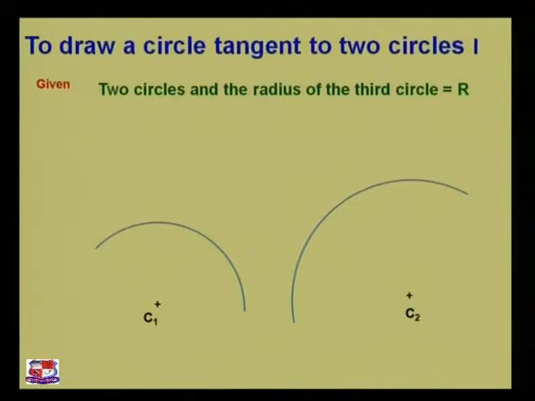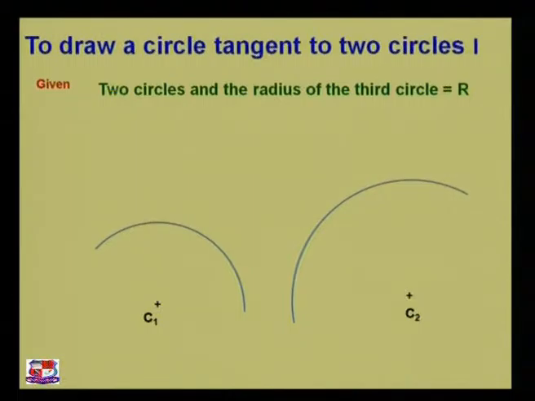The first one says that we need to draw a circle which is tangent to two circles. Over here there are two circles, and the radius of the third circle is given as r. Now how can we draw a third circle which is exactly tangent to these circles? One should know the meaning of tangent.